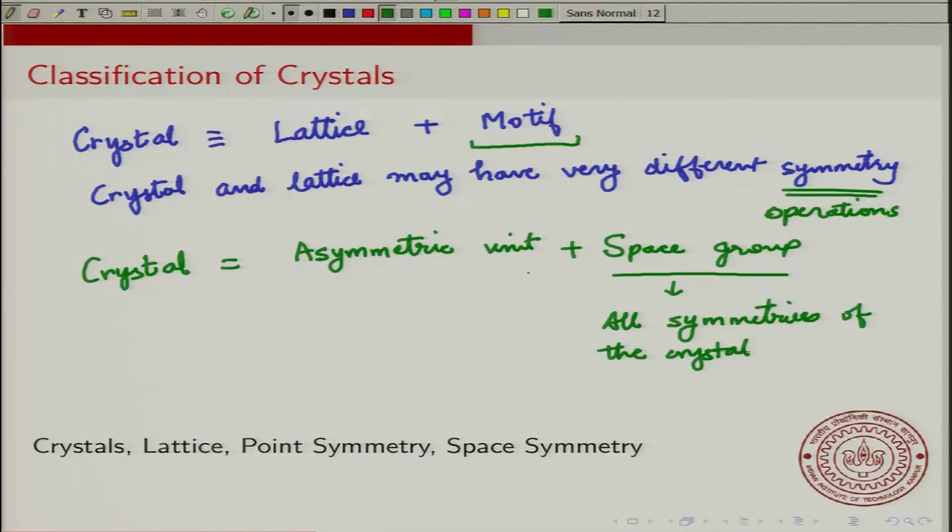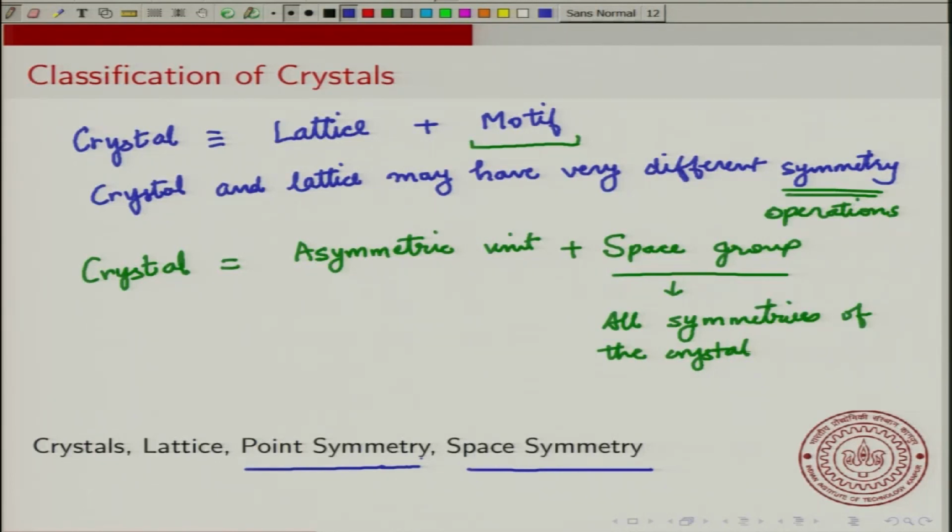Now, we already saw that crystals have both a point symmetry and a space symmetry. The space symmetry refers to the operations that involve translation in addition to the operations of a point symmetry.